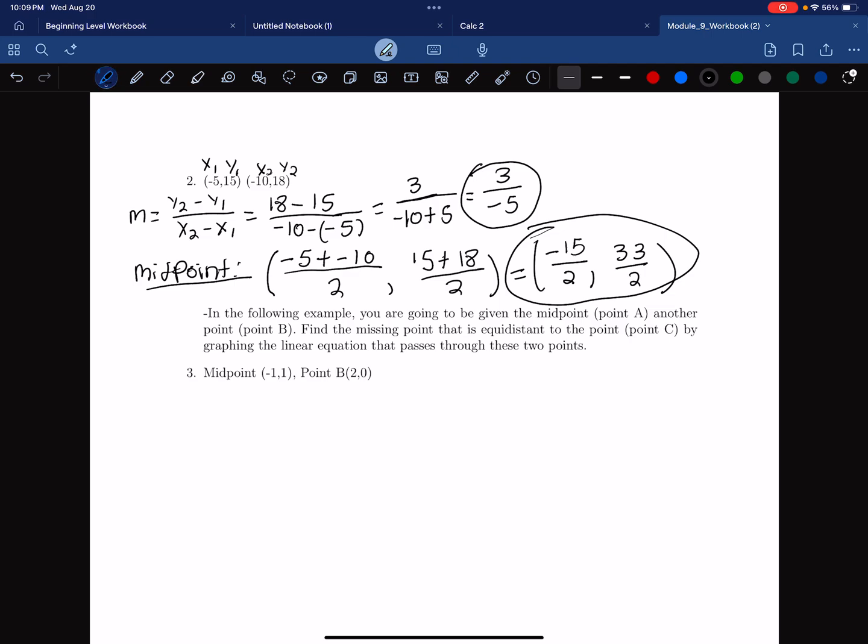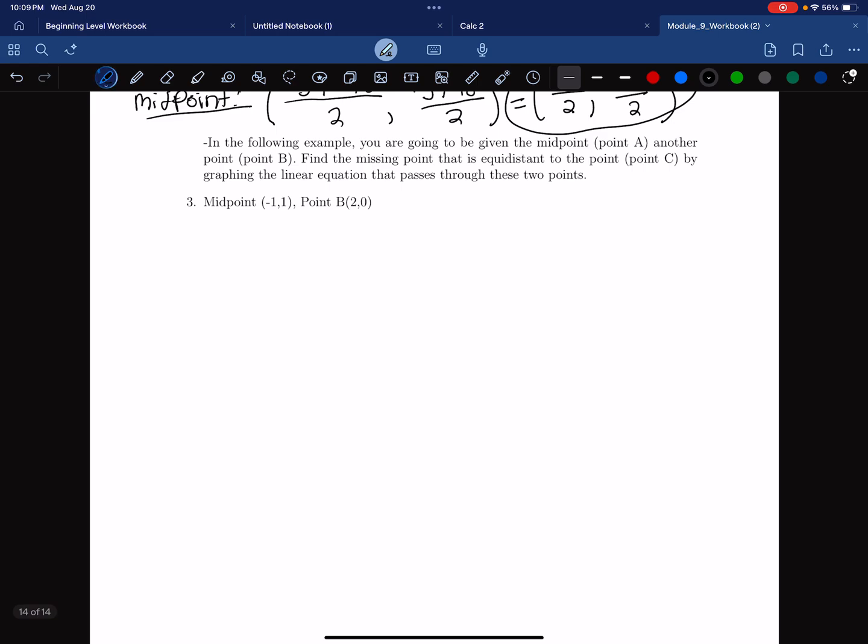All right, so for our final example of this unit, we have the following example. You are given a midpoint and another point, point B. Using the midpoint and this point, we're going to find the other point that is missing by graphing a linear equation that passes through the midpoint and this point.